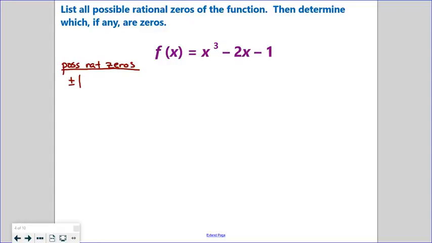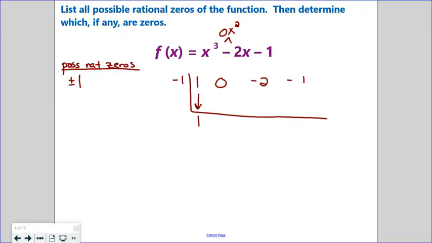So not a lot to check out here, but you have to realize that we were missing a term. If you did not fill in the 0x squared, our synthetic division will not work out here for our 0. So 1, 0, negative 2, negative 1. Negative 1? 1?